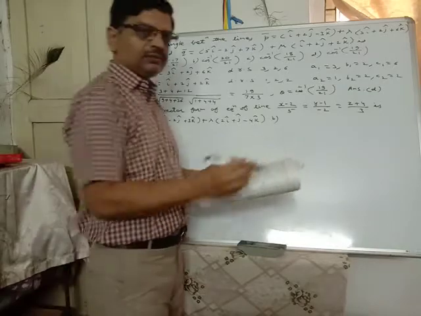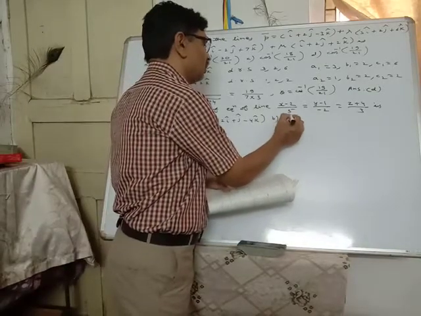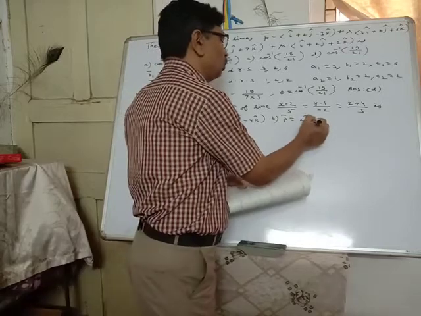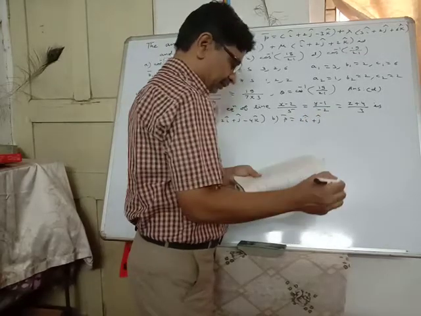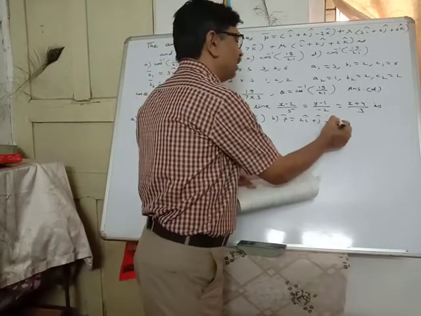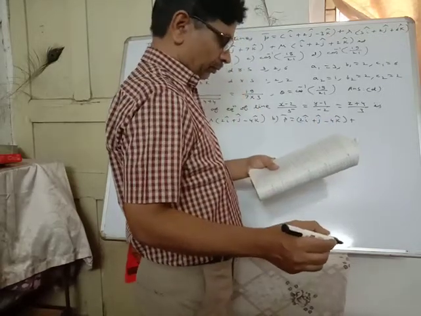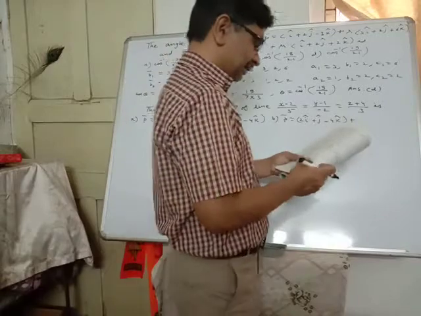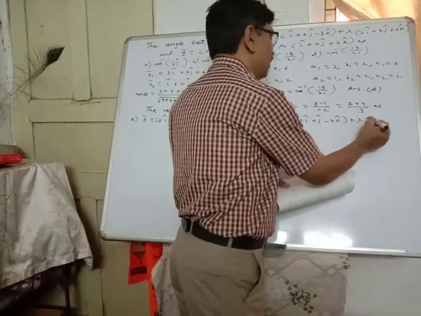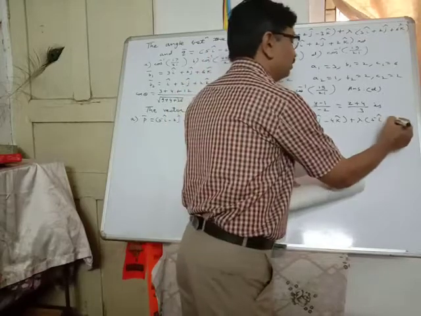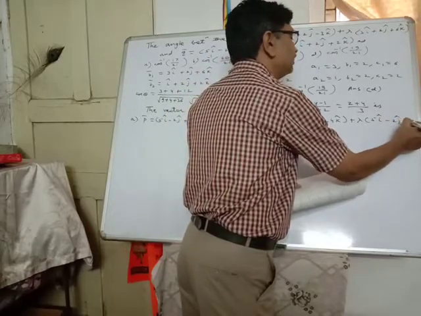Option B. P bar equal to 2i plus j minus 4k plus lambda into bracket 5i minus 2j plus 3k.